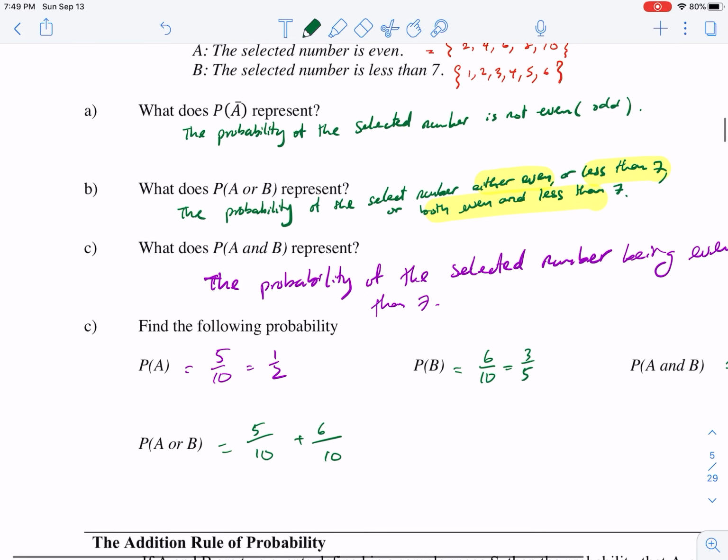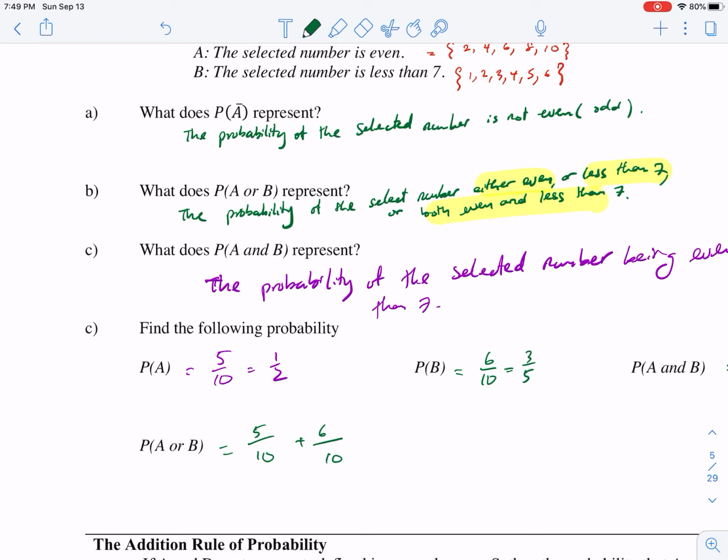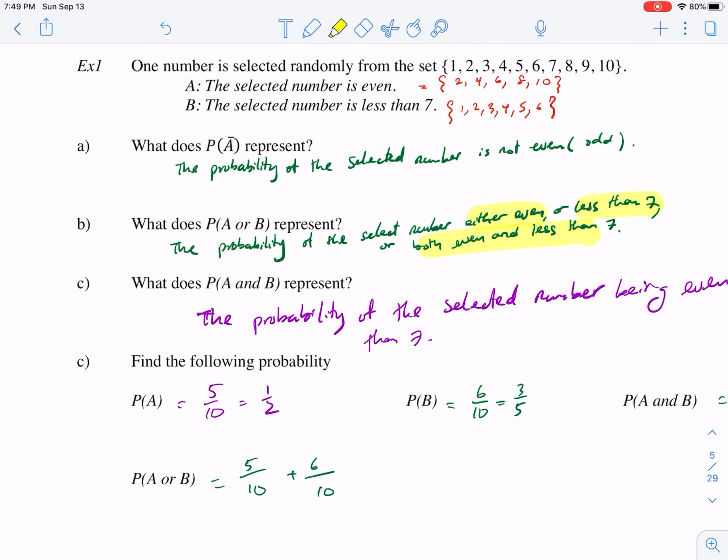So it's 11 total, but this means the probability of event A or B occurring is more than 100%. So we have to subtract something. Chances are we double counted. If we count all these first 5 and count again all these 6, we double count. Where is the double count at?